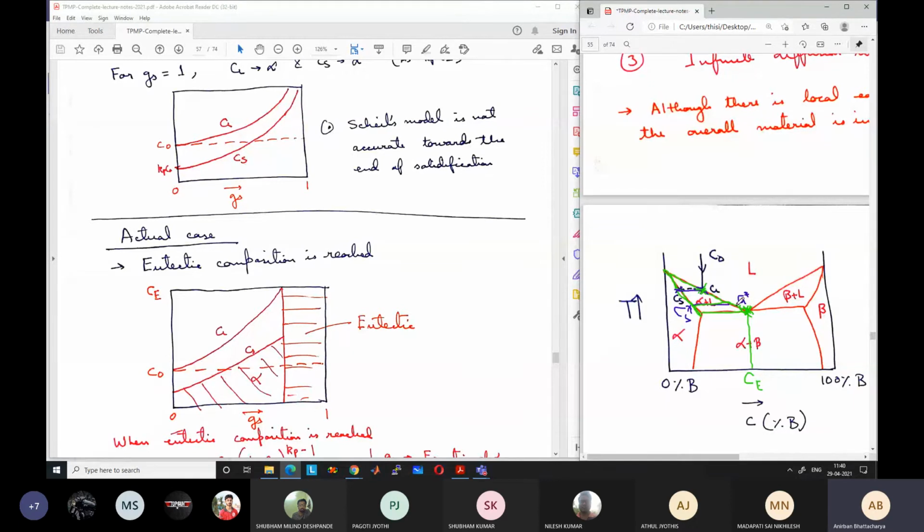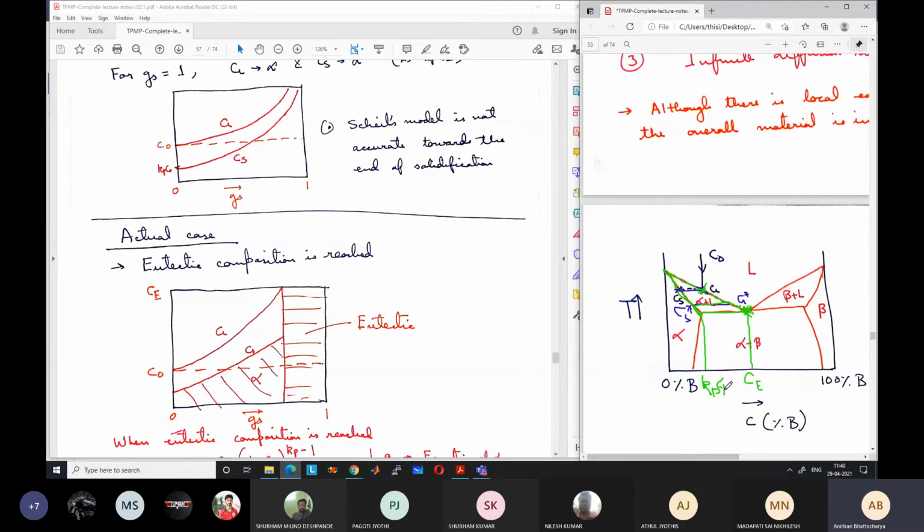Once you reach this point, the solid concentration still remains Kp into Cl star, which is Kp into Ce.